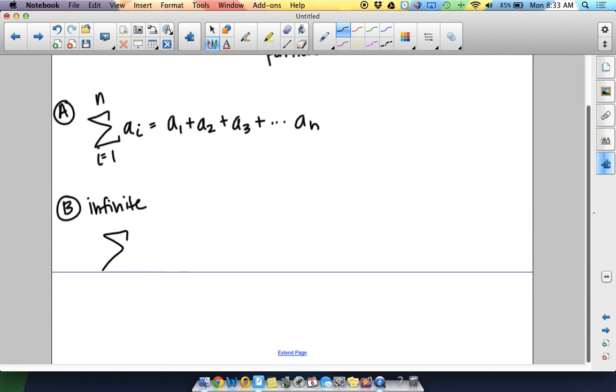It's the sum from i equals 1, and you put infinity at the top. And I have a really great video coming up this week for infinity and how to think about it. Careful here: the sum of a sub i equals a sub 1 plus a sub 2 plus a sub 3 plus dot dot dot. A sub i can be anything, plus dot dot dot. It is essential that you guys start seeing those and realizing that that means infinity.